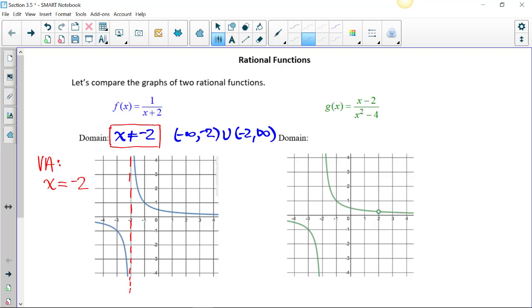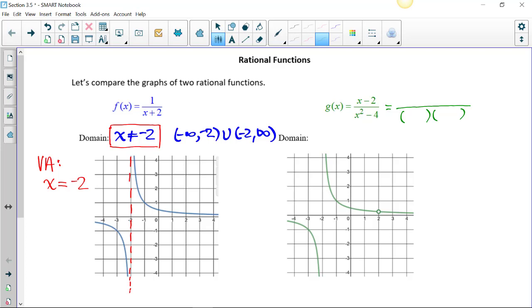All right? Okay, so let's talk about g. What are the real numbers that make the denominator 0, or the zeros of this rational function? Well, if we can factor it, it's easy to find the zeros because we know how to find zeros of a factor.